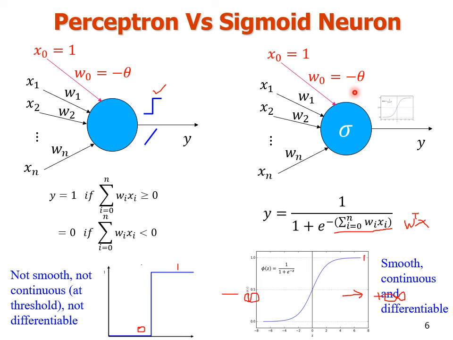So in the next class we are going to discuss the backpropagation algorithm, and we are going to make use of such sigmoid neurons to form the multi-layer neural network, and we'll see the learning algorithm to learn the weights for this multi-layer neural network.